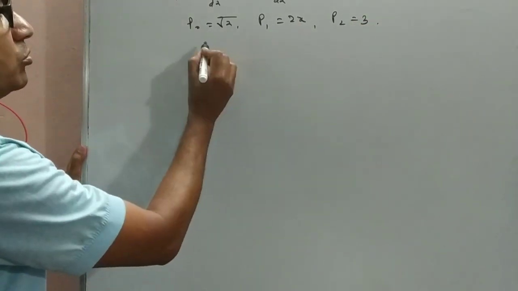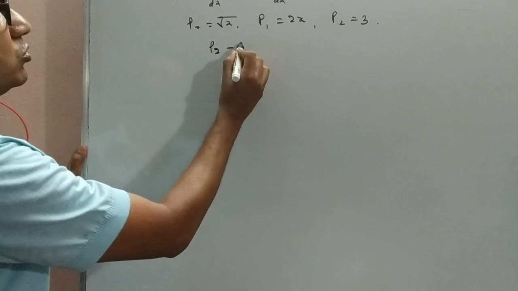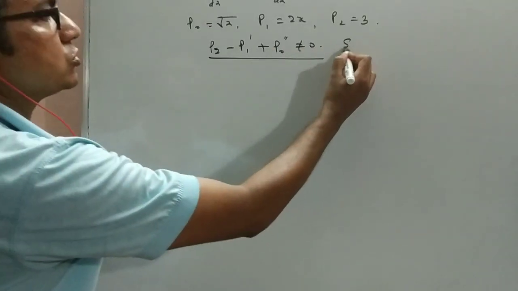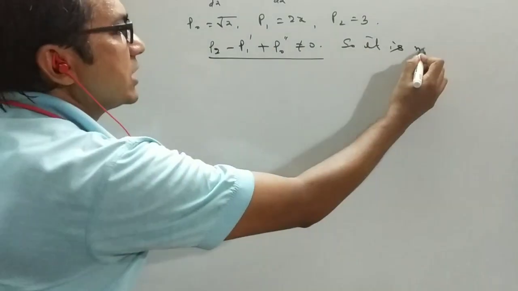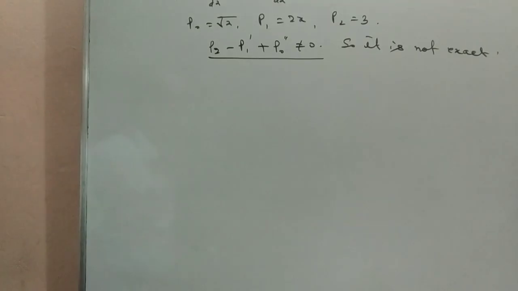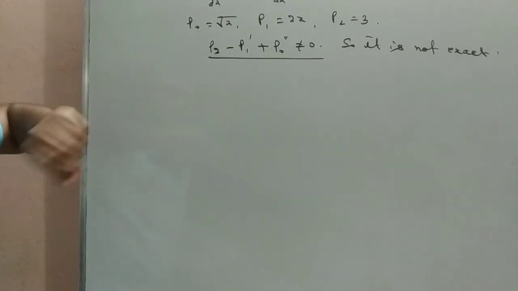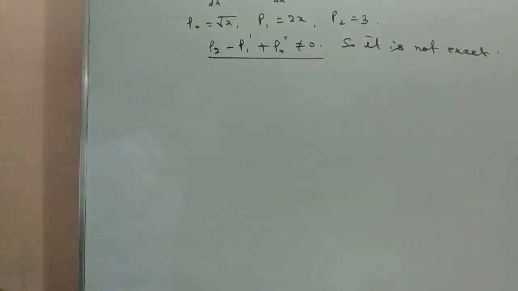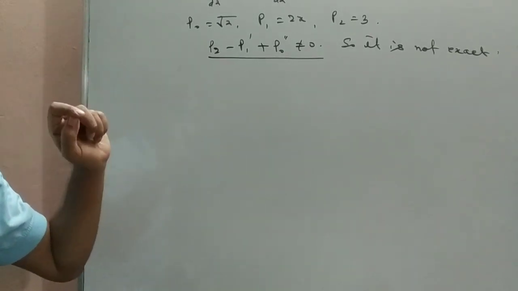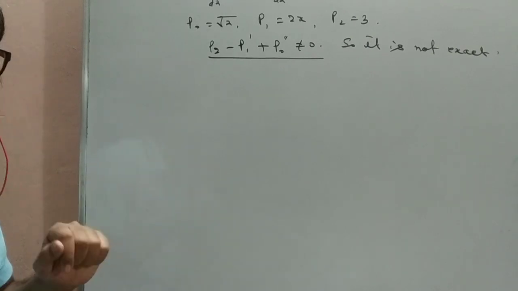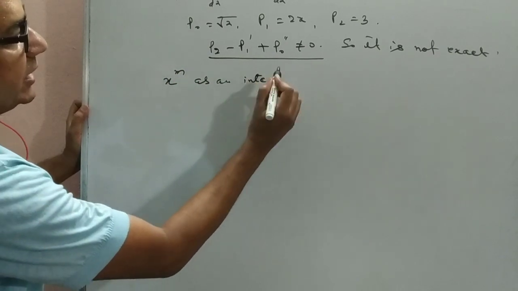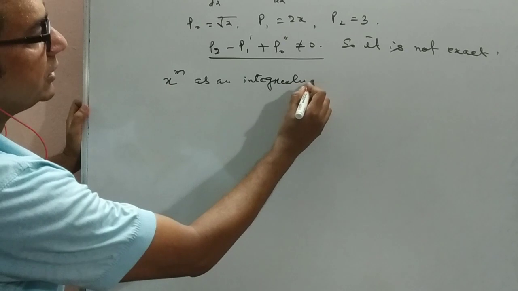Now putting in the condition of exactness, p2 minus p1 dash plus p0 double dash is not equal to 0. So it is not exact. Okay, and since the coefficient of every term is in the form of a power of x, we can take x to the power m as an integrating factor.